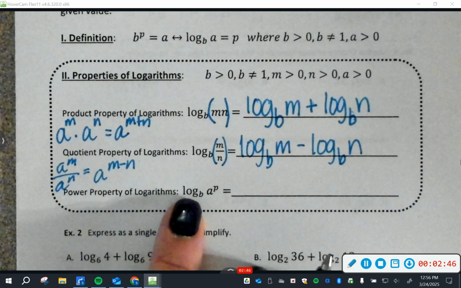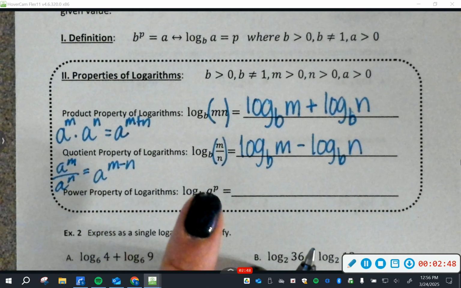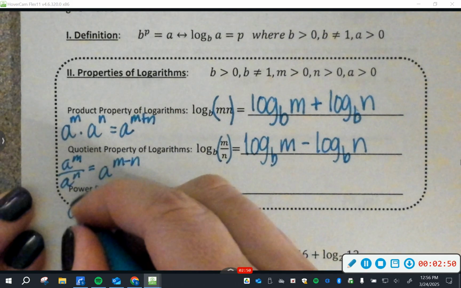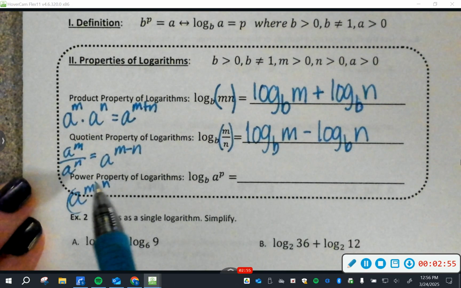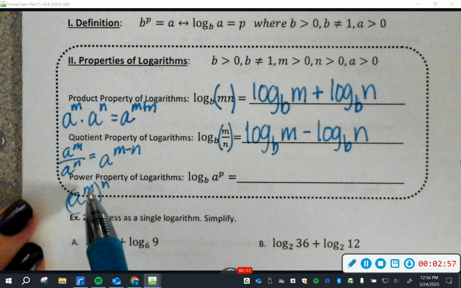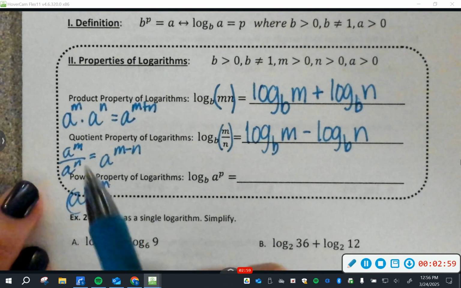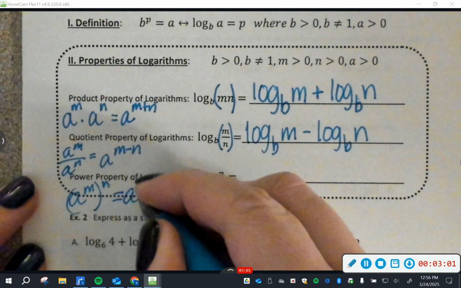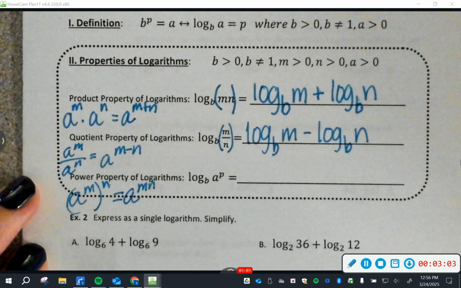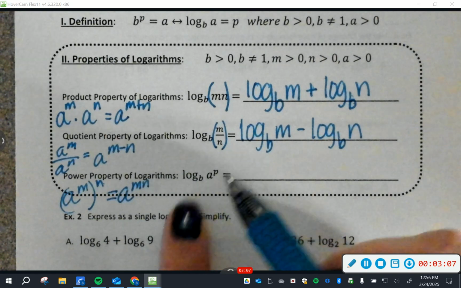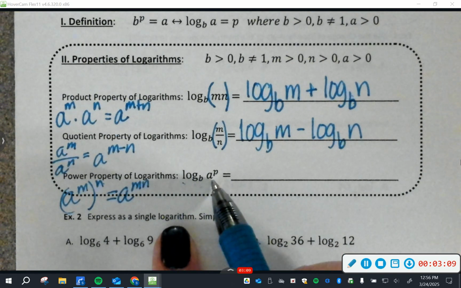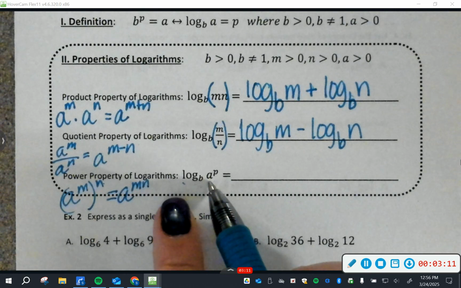And then this last property is a little more difficult for me to explain, but whenever we took a power to another power, so something with an exponent raised to another exponent, we multiplied those exponents, okay? Well here, log base b of a, this represents an exponent.